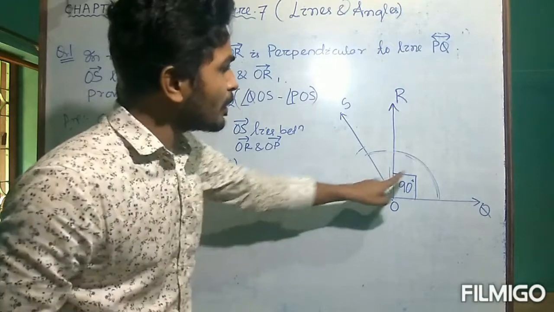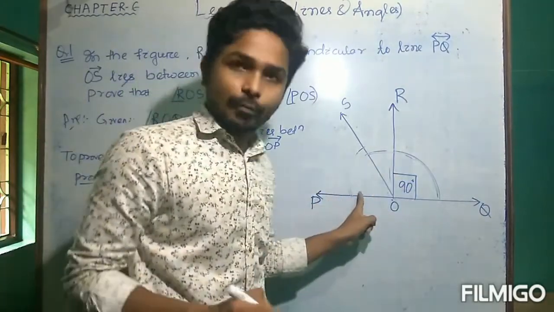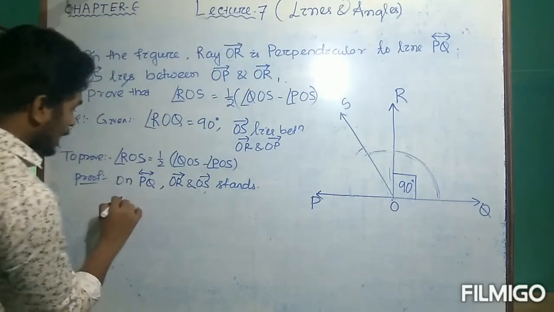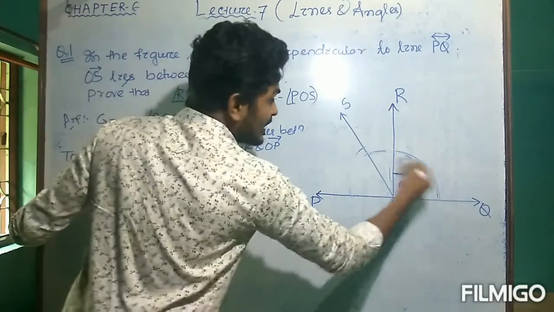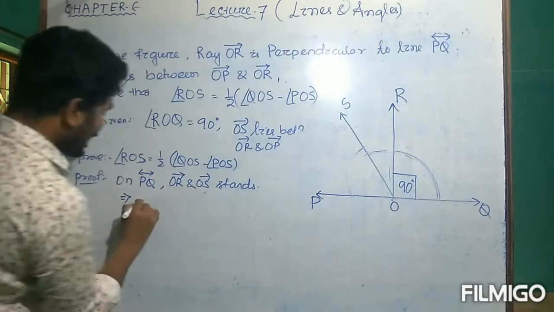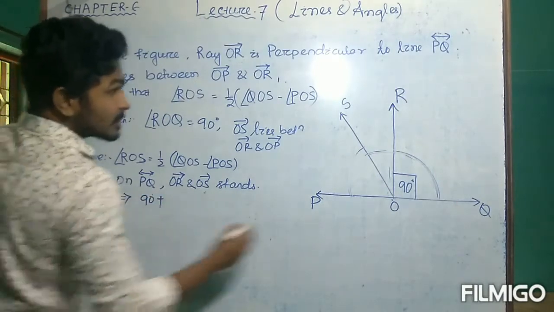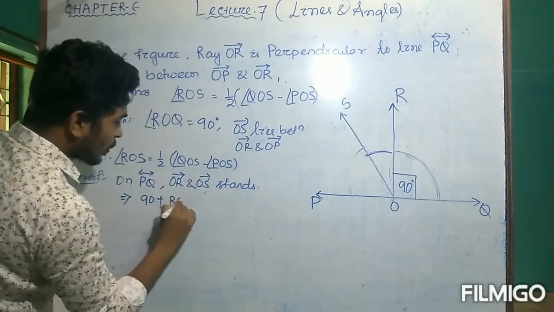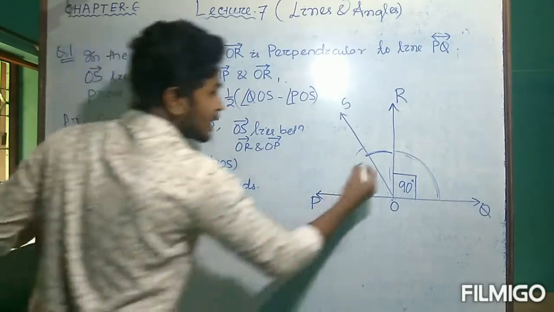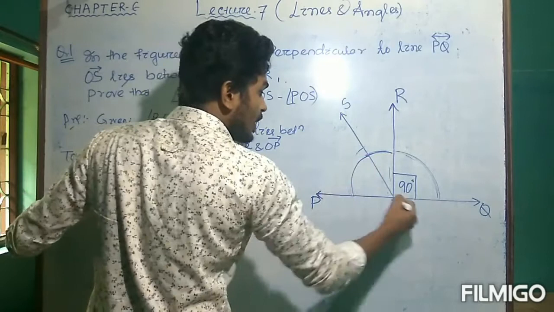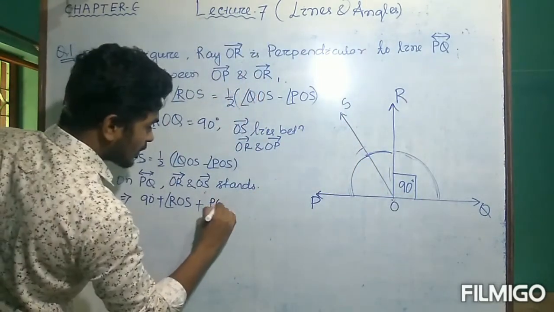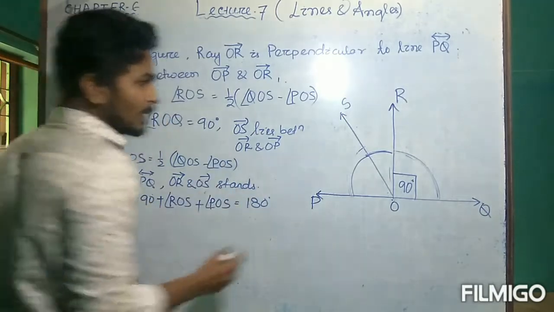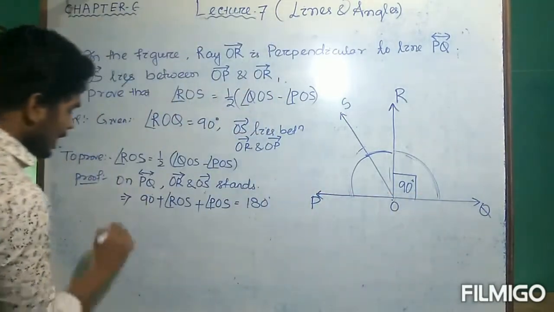So how many angles are formed? 1, 2, 3. 3 angles are formed, and the sum of all the 3 angles is equal to 180 degrees. This implies this angle, that is 90 degrees, plus angle ROS, plus this angle POS is equal to how much? 180 degrees, because this stands on a straight line.